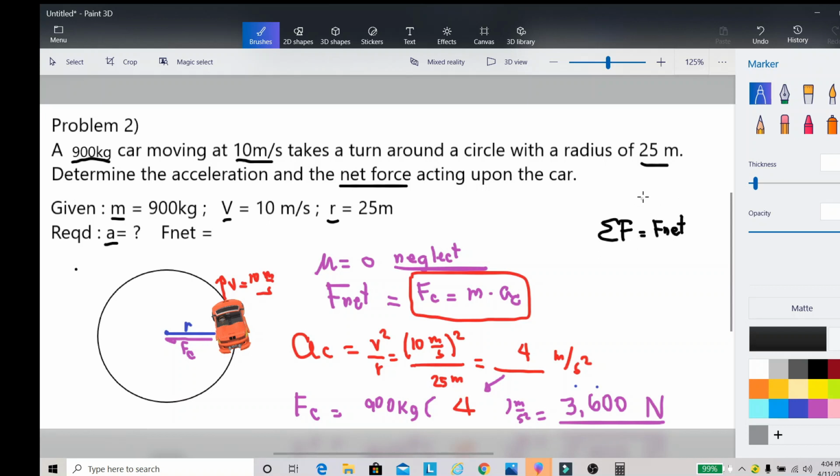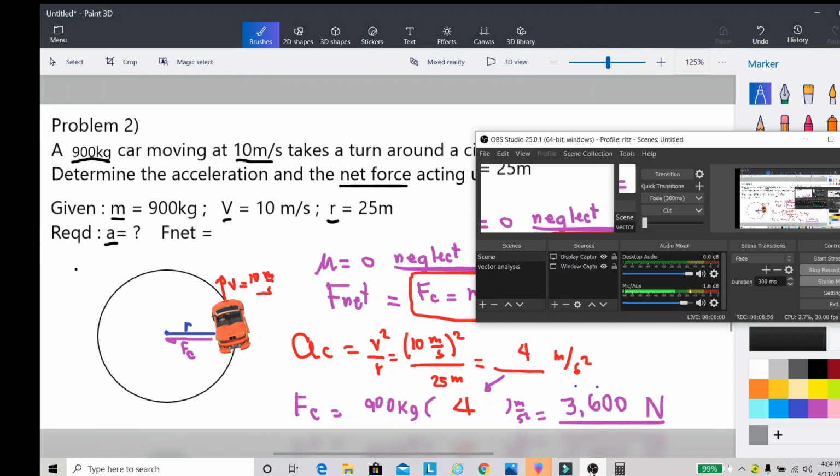This is a Newton's second law of motion. If in case we are going to consider the friction, but in this case there is no mu that is given, so we have to neglect that, and we arrive at this answer. So there you have it, your answer for problem number 2.